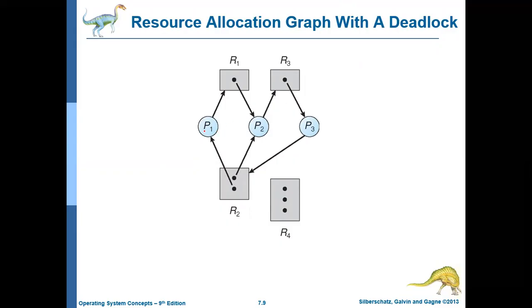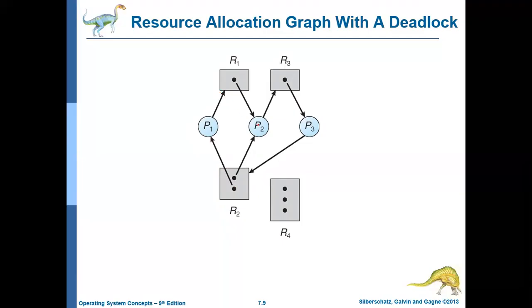Here also the setup is the same. There are three processes and four resources R1, R2, R3, and R4. R1 and R3 have only one instance, R2 has two instances, and R4 has three instances. P1 is holding one instance of R2 and waiting for R1.